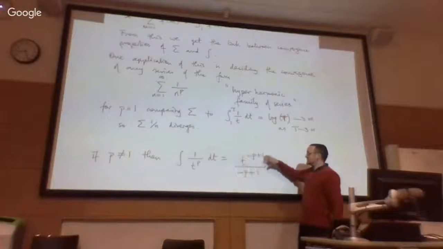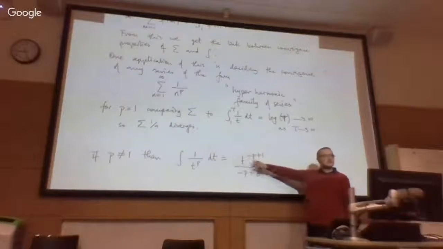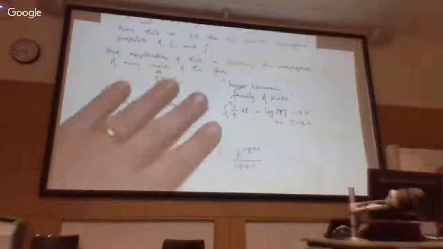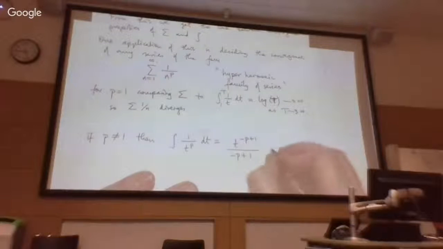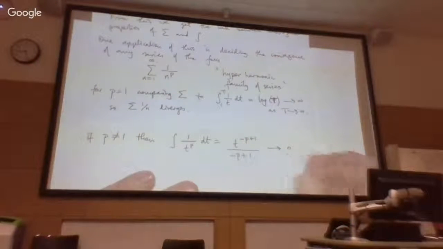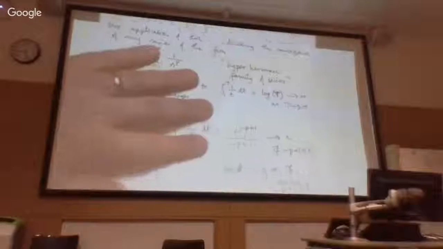We're interested in the convergence properties of that sequence of terms. This is going to converge to 0 if minus p plus 1 is less than 0, and it's going to converge to infinity if minus p plus 1 is greater than 0.